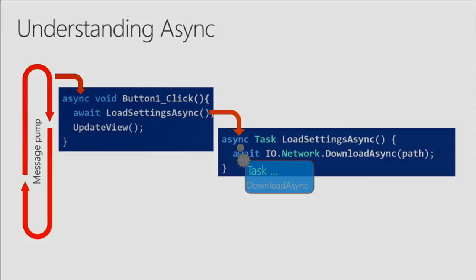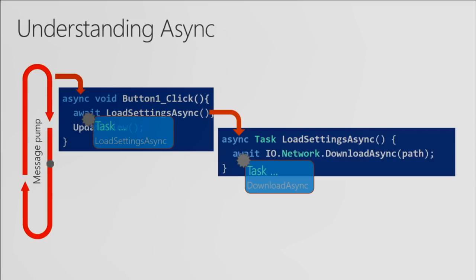It will be marked in the I'm not done state, and it'll get returned to button one click. Now, load settings async has not completed running. The task does not say it's done, and therefore processing stops in button one click, and focus goes back to the message pump, which is then available to handle other UI stuff, like clicking another button.